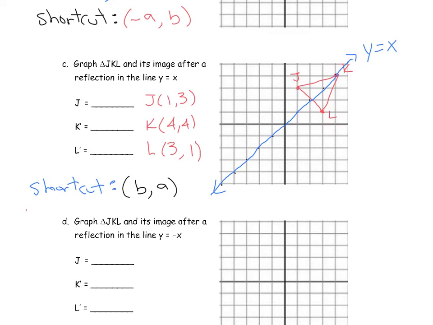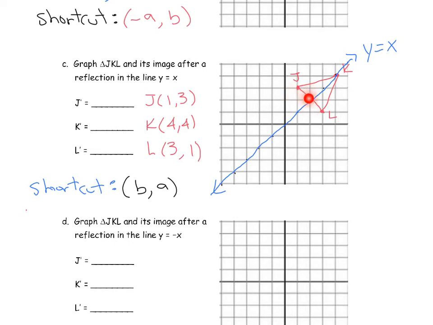So notice this time it's a little bit more difficult to determine how many units away J and L are from the line. So you can always think of like rise over run. So from the line of reflection, J is to the left one, up one, or I could go in the other direction, right one, down one.